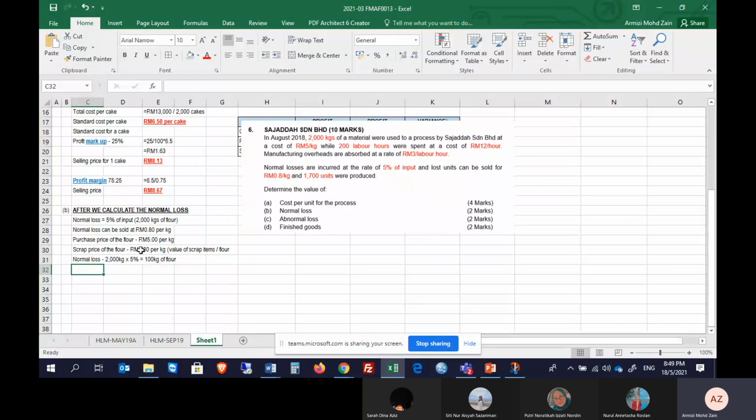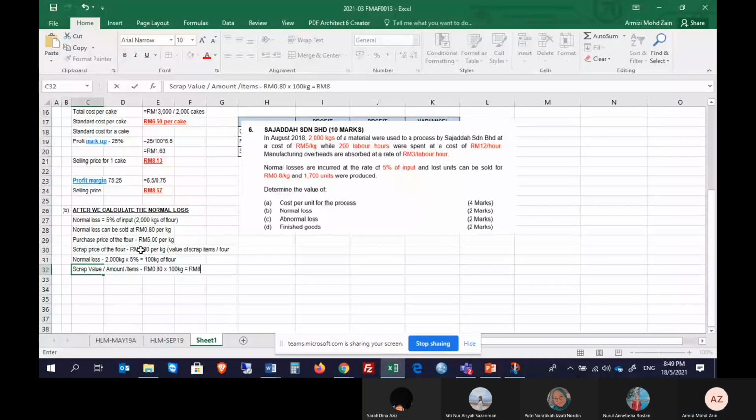Okay. So scrap value yang rosak tu, scrap value. Scrap amount, scrap value, scrap items. Okay. RM 0.80 darab dengan 100 kg equal to RM 80.